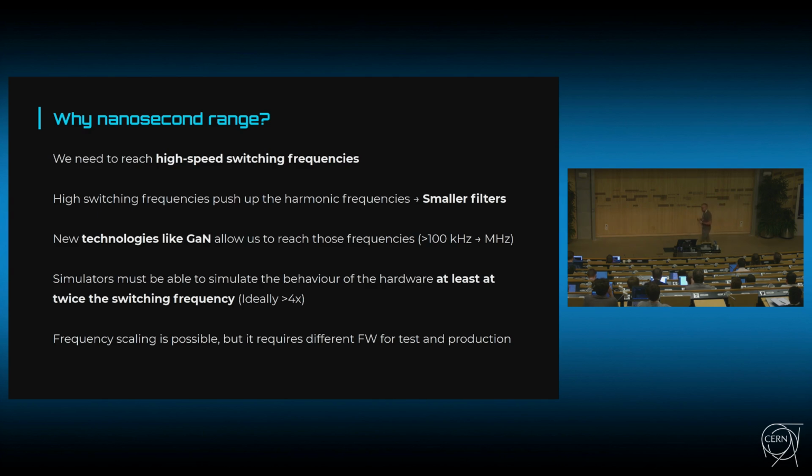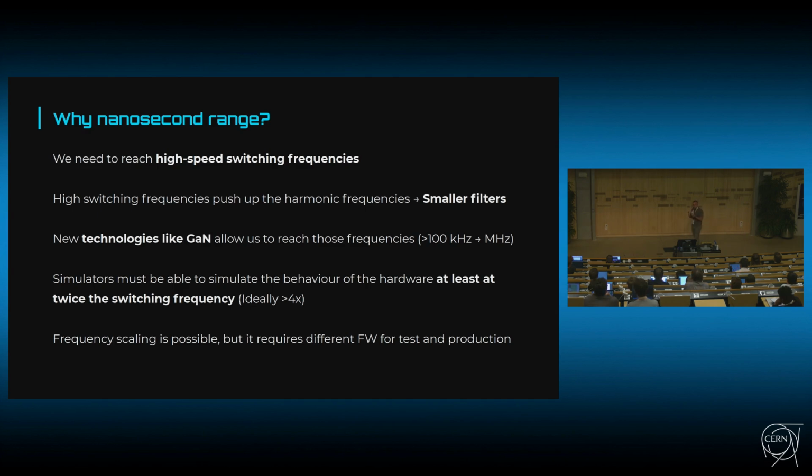This is very important if we talk about power electronics, because today we have some technologies for the transistors that make the system very fast. For example, gallium nitride transistors are able to switch between 100 kilohertz and several megahertz.